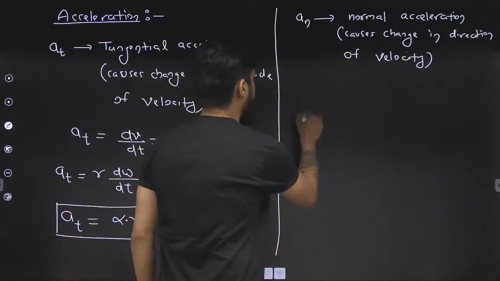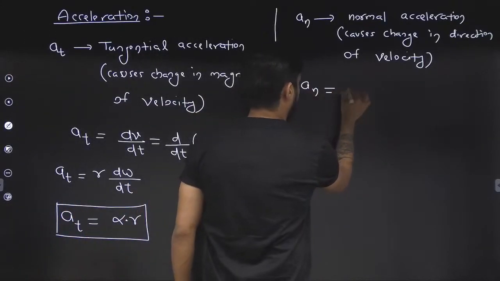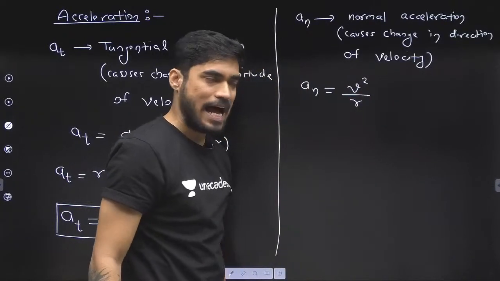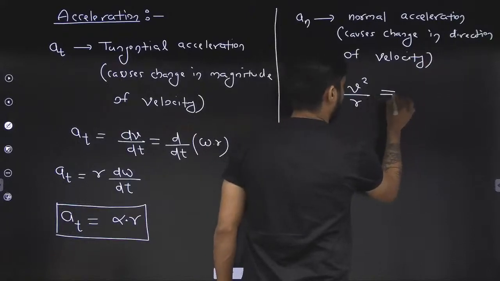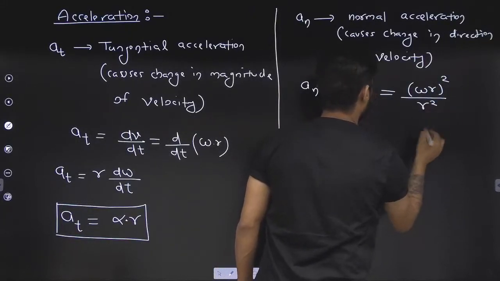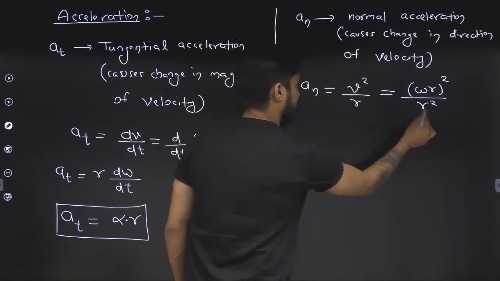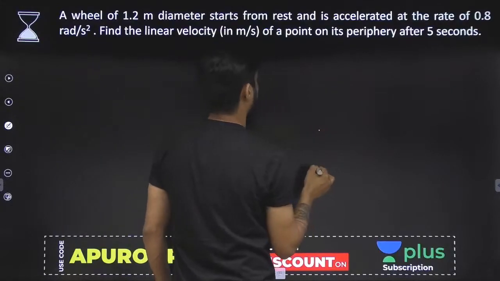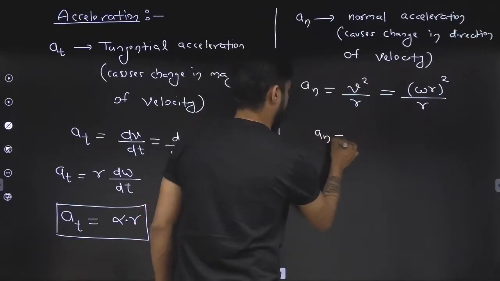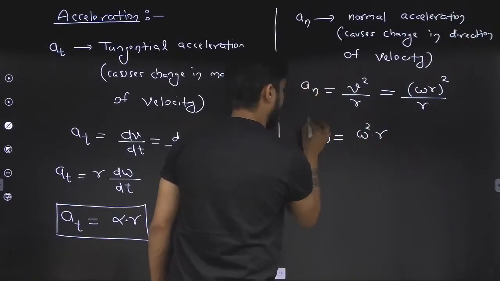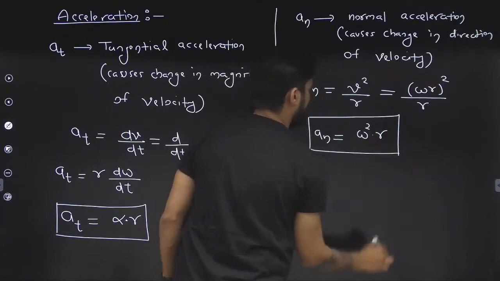Okay, and how is this calculated? an is given by v square divided by r. If I put v equal to omega into r, then it will become an equal to omega square into r.